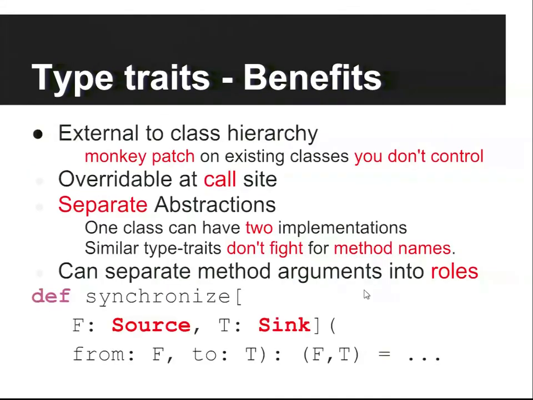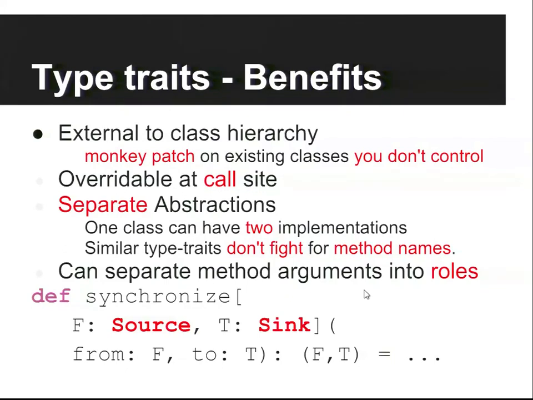The other thing you can do with these is define roles. An example here is if I have a synchronize method. It started off with me wanting to synchronize a directory to another directory. Directories are files. But I kept mixing up the source and the sink.